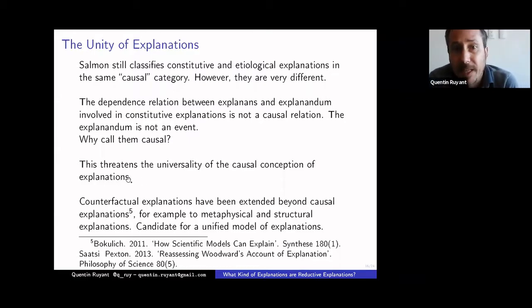And this threatens the universality of the causal conception of explanation, the idea that all scientific explanations would be causal, because here at least we have two very different kinds of explanations. Now, in response, you could say that counterfactual explanations have been extended beyond causal explanations.